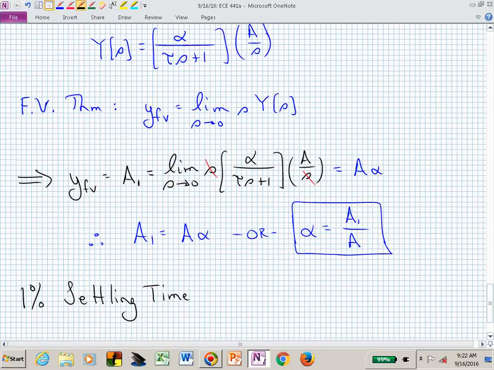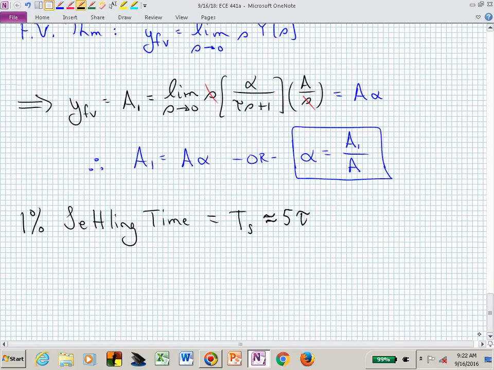Now what? We use our settling time to find the other unknown constant. We can say our 1% settling time is T sub s, but we now know that that's simply 5 tau. Well, it's not equal, we could say it's approximately 5 tau, but we can measure T sub s, we can identify that from our data. When do we finally get close enough, within 1% of our final value?